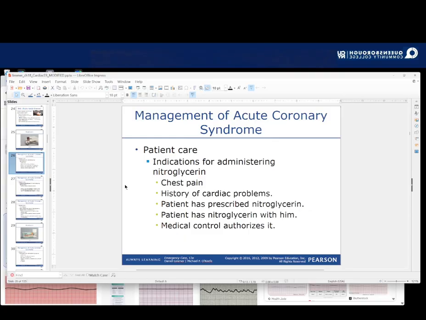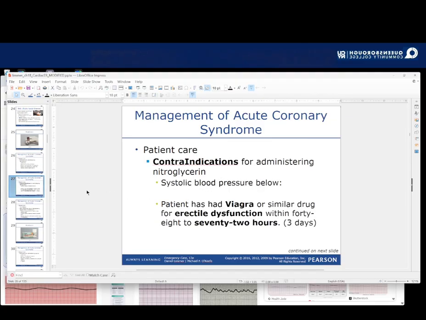And hopefully the patient will feel better, although not necessarily. It does not guarantee the patient will feel better. But the whole point is that it helps prevent further damage. It doesn't guarantee preventing further damage, but it helps. So that is how nitroglycerin works.